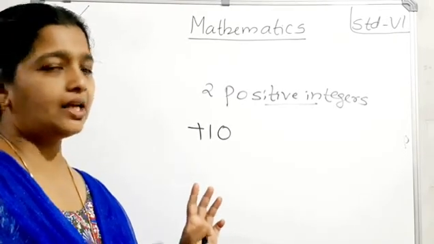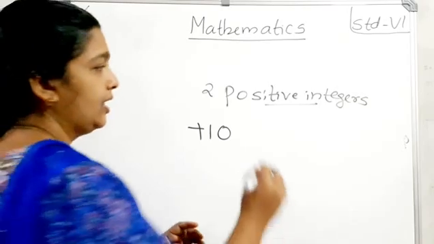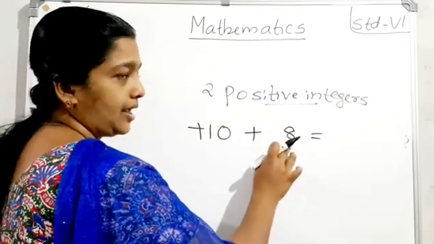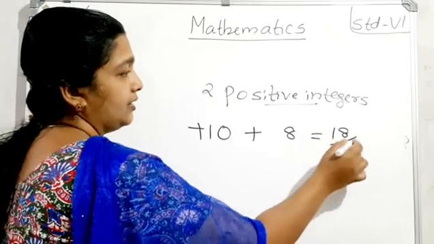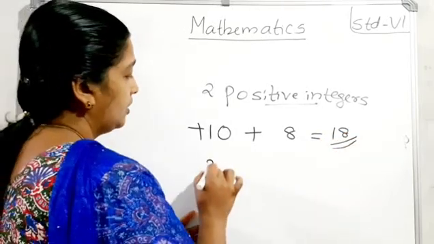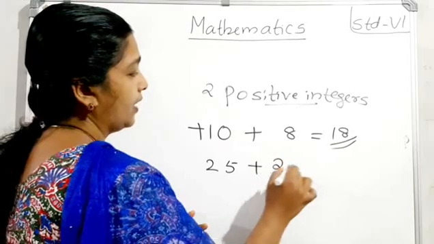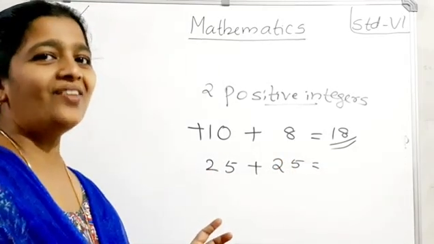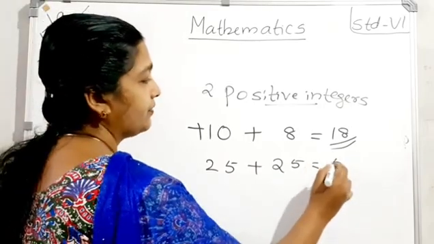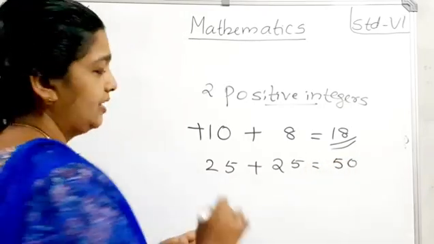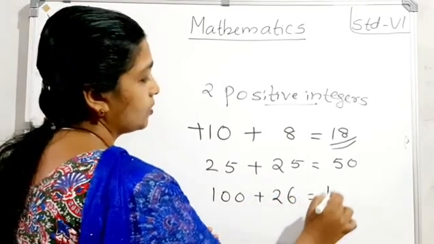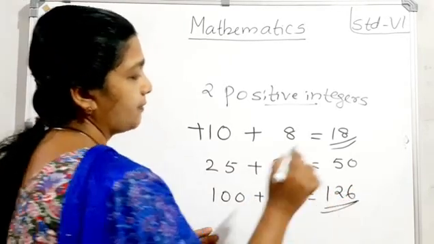Understand? This is plus 10. 10 plus 8, this is also plus 8, the answer is 18. Next, 25 plus 25, both positive integers, is 50. Then 100 plus 26 is 126.